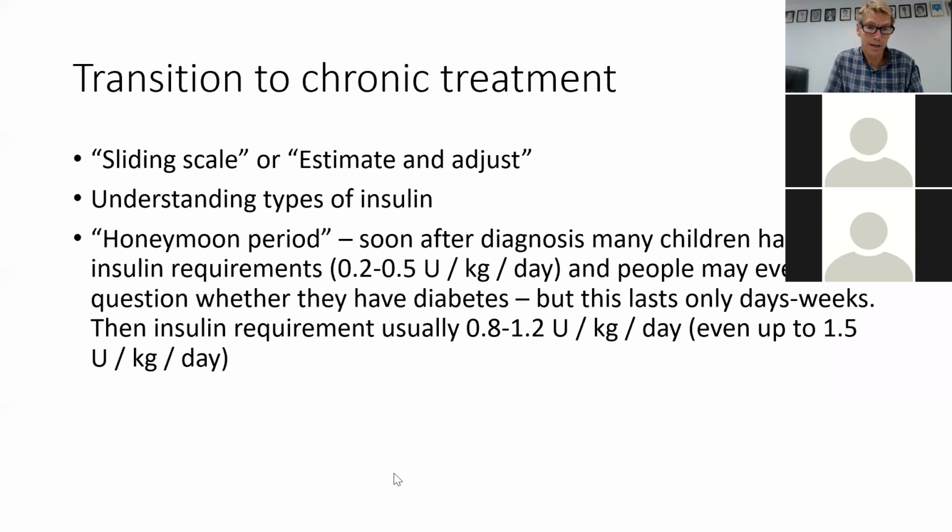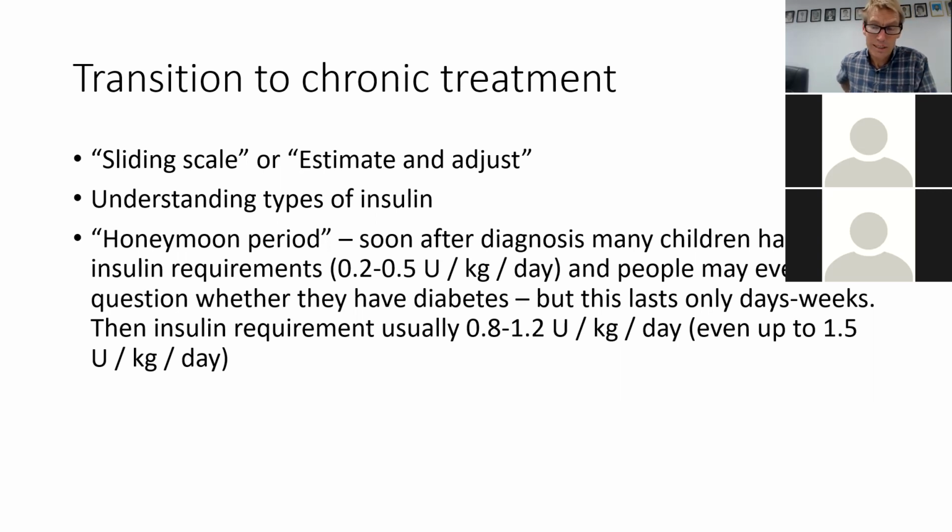Okay. Now, the next phase of management, after you've got their ketosis resolved and their acidosis resolved and they're rehydrated, is to transition to chronic treatment. This can be as hard as the treatment of children with DKA, I think. It can actually be as tricky. There are two ways to do it. The first way is to estimate and adjust, and the other way is a sliding scale.